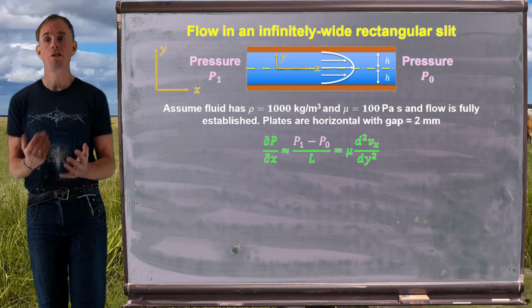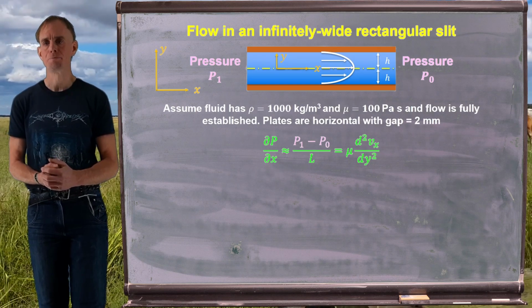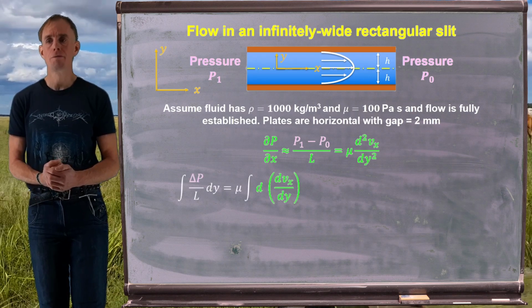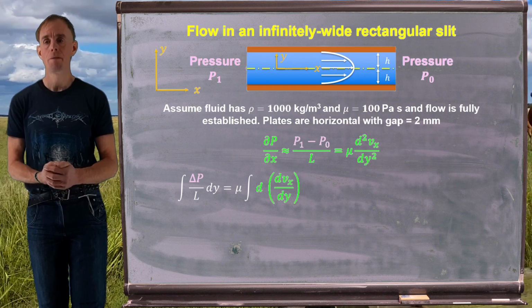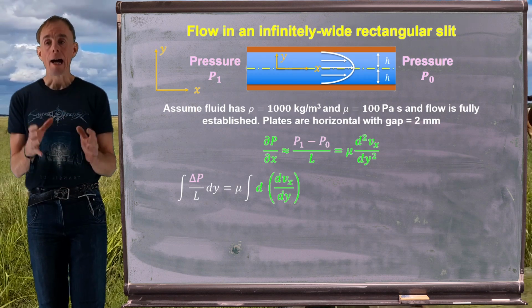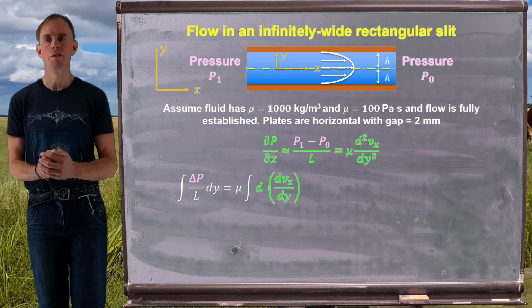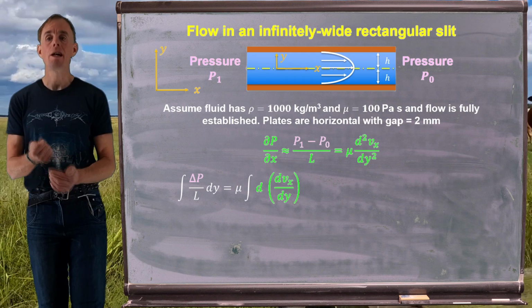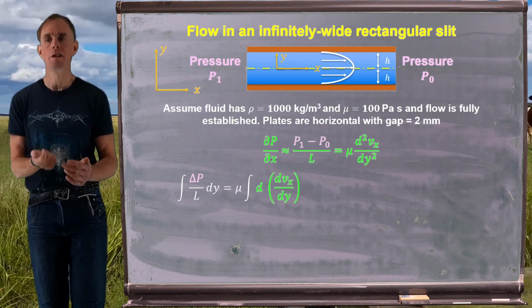So now, with this information, let's solve this second order ordinary differential equation. So, the first integration step involves simply integrating that pressure gradient with respect to y, with how we integrate that second derivative on the right hand side. Now, I've written that second derivative as d by dy of dvx by dy. That is essentially the same statement as d2vx by dy squared.